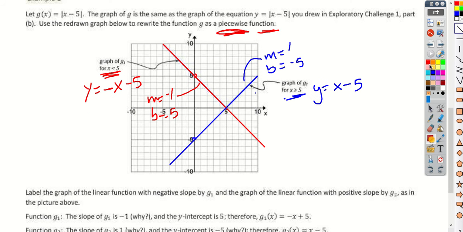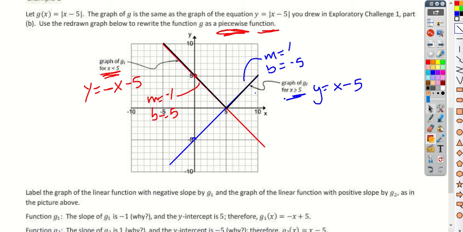Let's use some lines here. These two functions with these restricted domains, meaning that I'm only talking about the values on the left side of the graph that work in this equation, -x minus 5. Once I get to 5, and anything greater than 5, I'm then going to switch to this line.